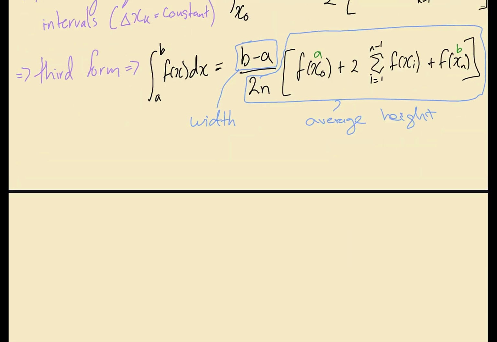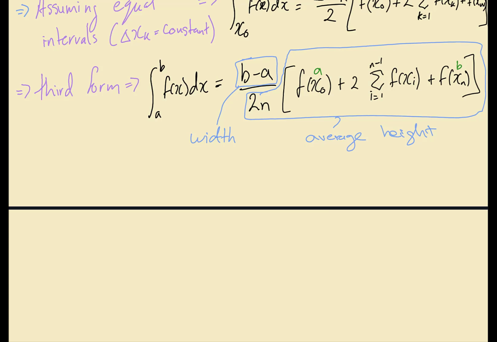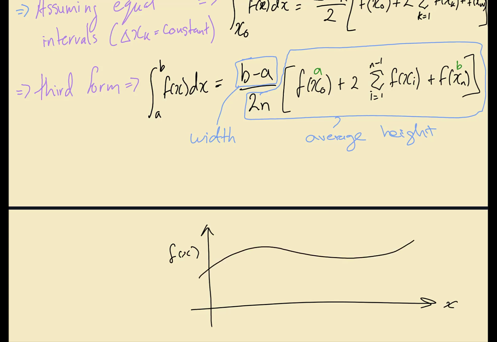So if I had a graph like this, we have f of x, we have x, and we have some type of graph like this. This here is a, and say this is b. So this would be the width, b minus a, and then the rest of it would be multiplied by the average height of this curve.